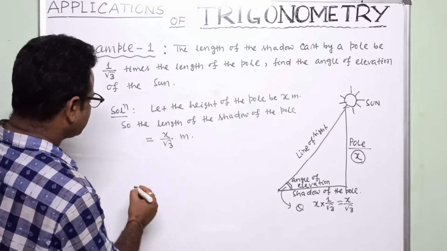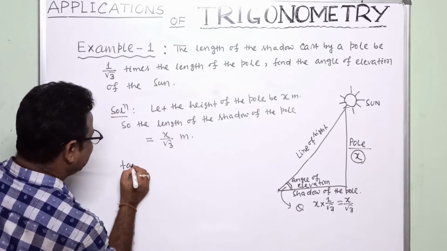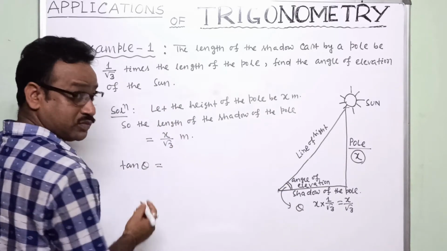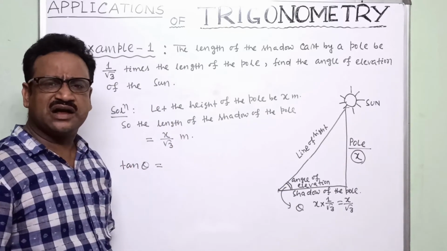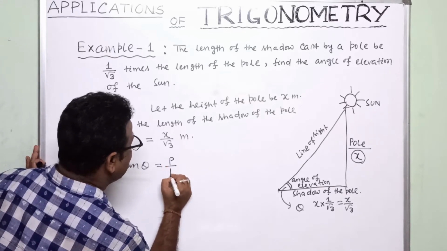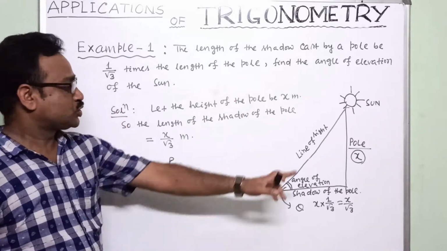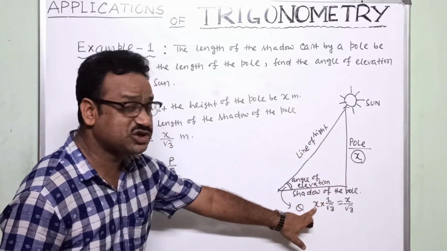So now we know this is theta. Now the trigonometric ratio, tan theta is what? Tan theta is equal to P by B. This is your perpendicular, this is your base.